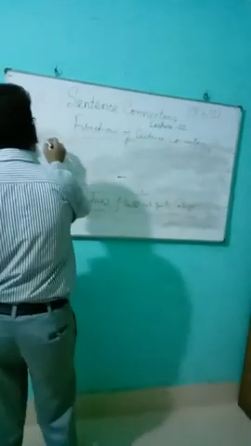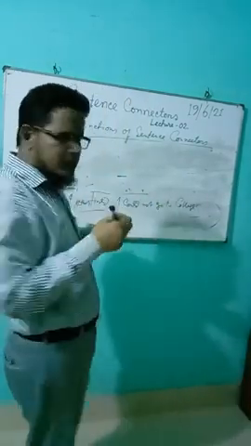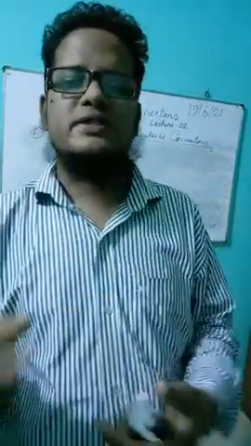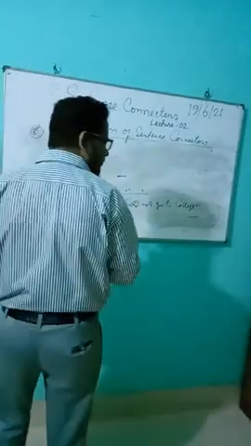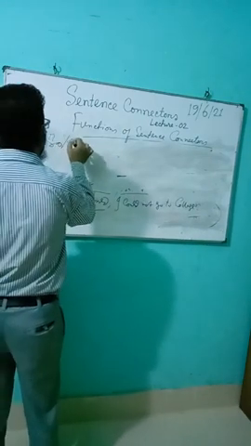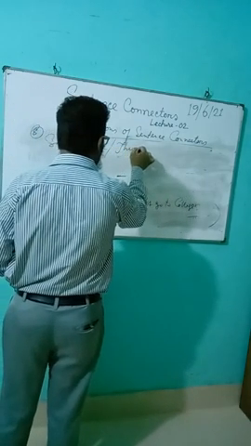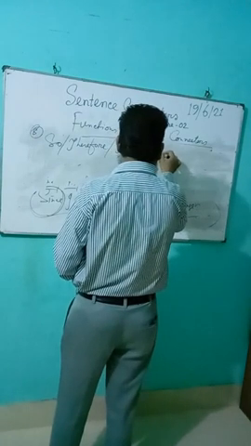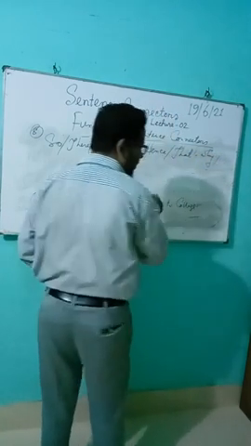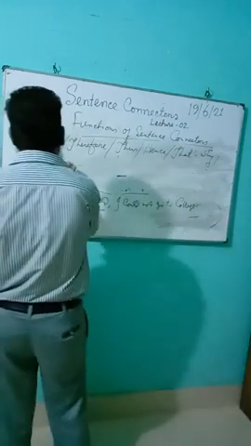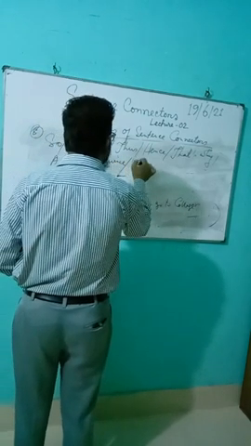Okay, last one. Connectors are used to express result, such as so, therefore, thus, hence, that's why, as a consequence, as a result.